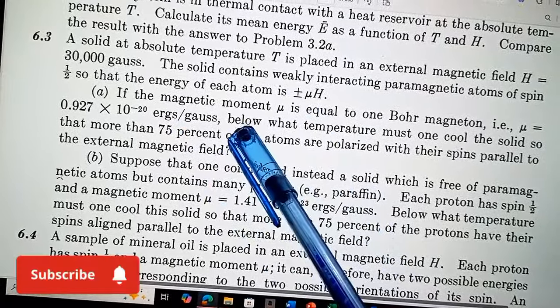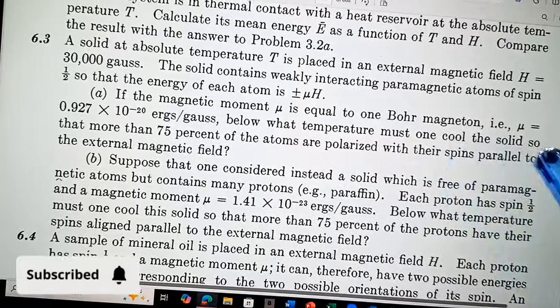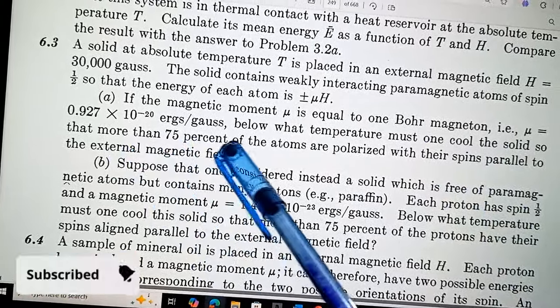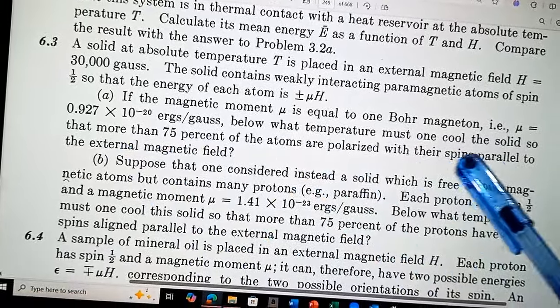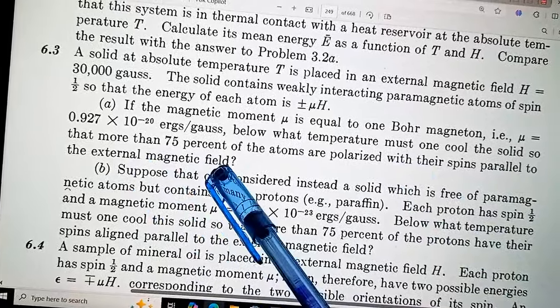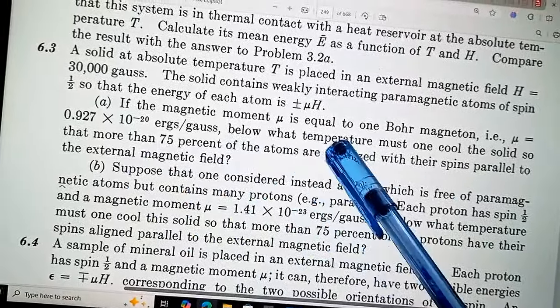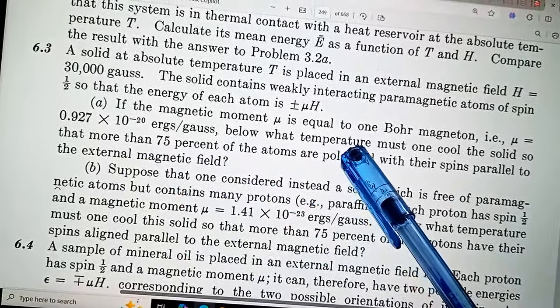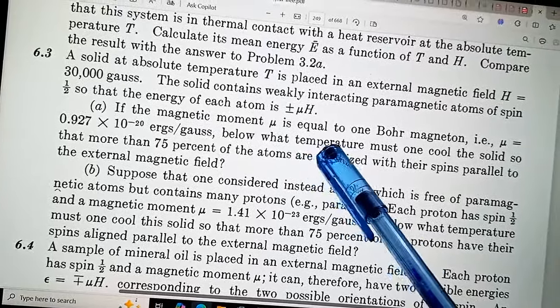Now what we have to do is find below what temperature one must cool the solid so that more than 75% of the atoms are polarized with their spins parallel to the external magnetic field. So we have to find out temperature. There is an unknown, which is temperature.